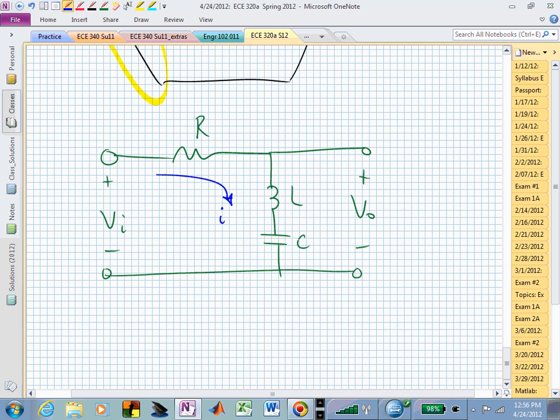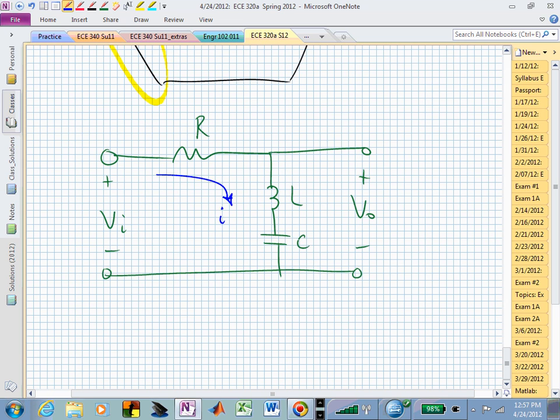Somebody else says, no, my output is the current I. We're all keeping the same input, V sub I. Somebody else says, oh, no, it's V sub O as indicated. What do you know about the denominator polynomial in those three transfer functions? It's the same. So our poles are the same. Once we've selected R, L, and C, those poles are fixed. That's what I was trying to get as a response.